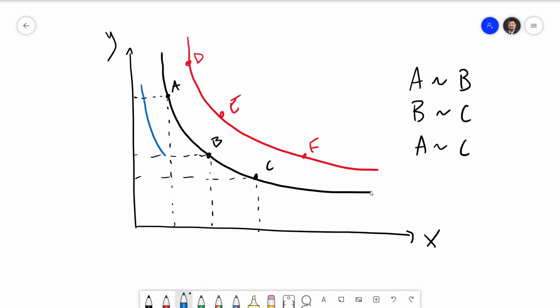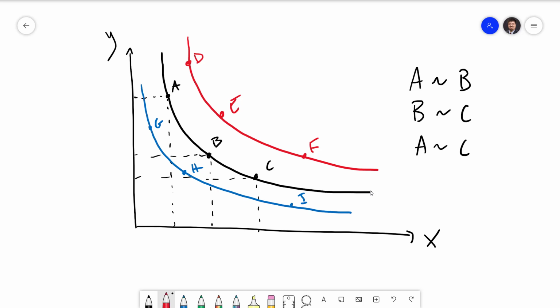I could also draw a lower indifference curve down here with some more points. Let's call them G, H, and I. Again, the consumer is indifferent between G, H, and I, but all of the other points we've drawn out are better than those because they are on higher indifference curves.